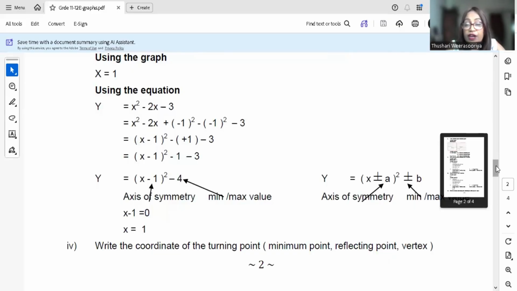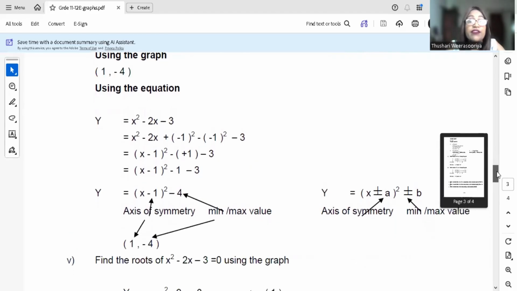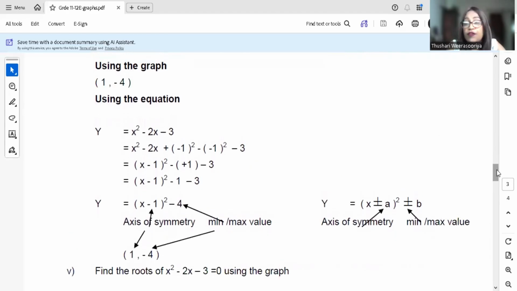Time to time they will ask in different ways in the exam. Actually from the graph it's easy to get because we have drawn the graph. The turning point coordinates: keep in mind coordinates you write in brackets, +1 and -4.